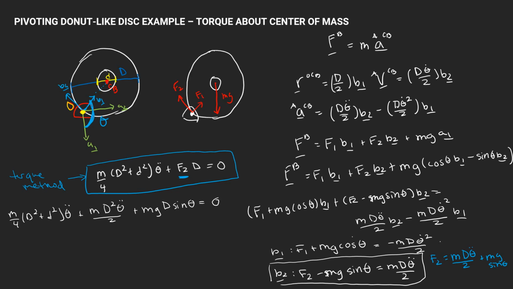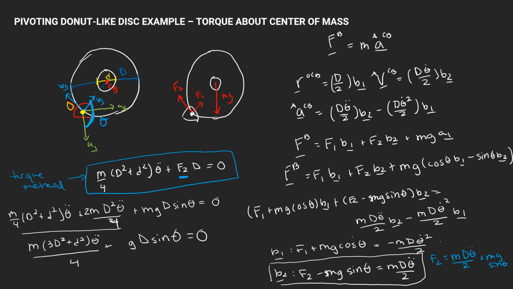Well, we can write this middle term here, we can put this over 4 and write this as a 2. And we can combine these, so that ends up giving us m times 3D squared plus little d squared, theta double dot over 4, plus mgd sine theta equals 0.